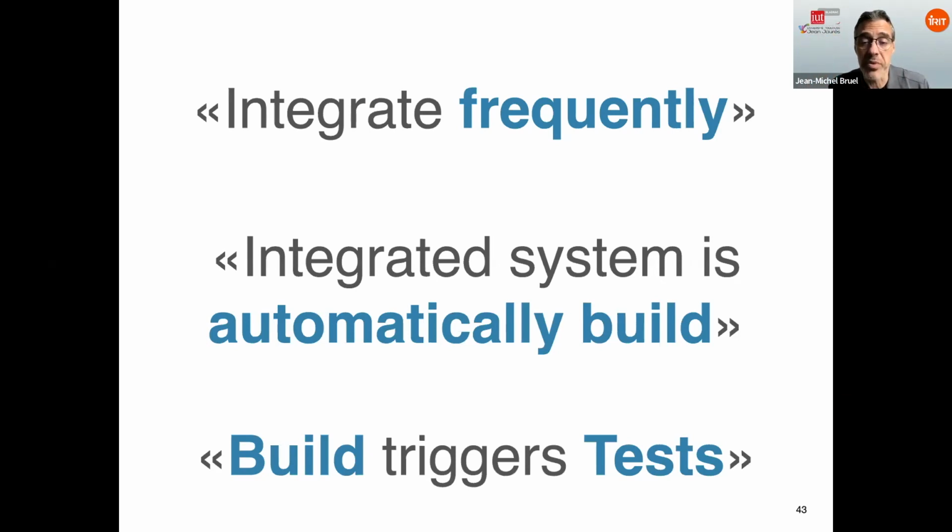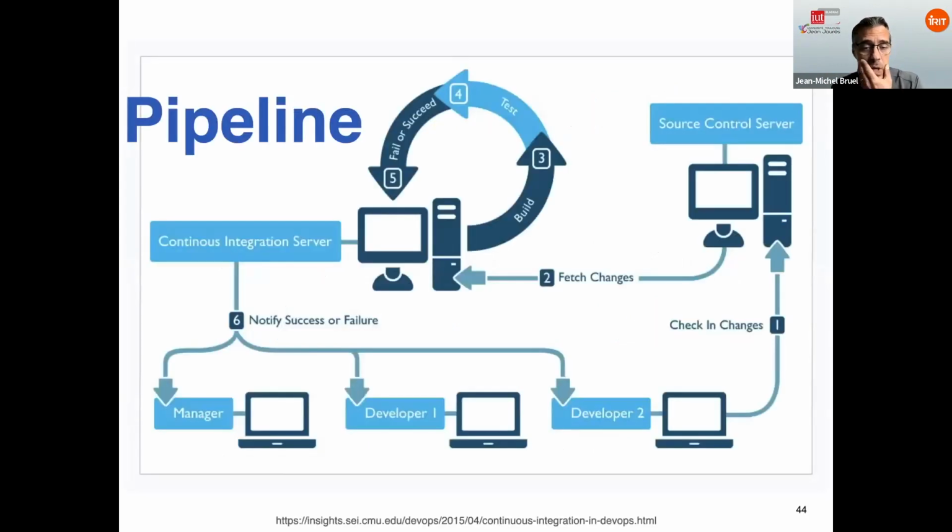And of course, after building the software but before delivering it, you are going to be able to trigger some tests. The classical pipeline starts on the right. The developer has pushed some new change in the code. The source code repository fetches the changes to a continuous integration server, which builds the system, tests the system, and checks whether it has failed or succeeded.